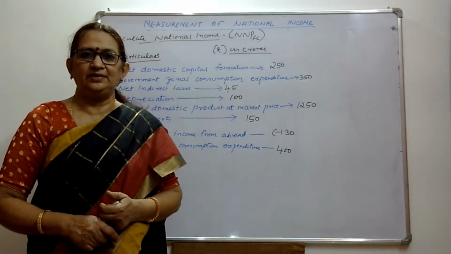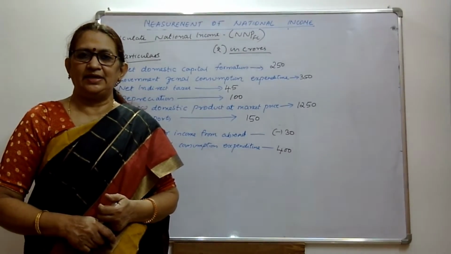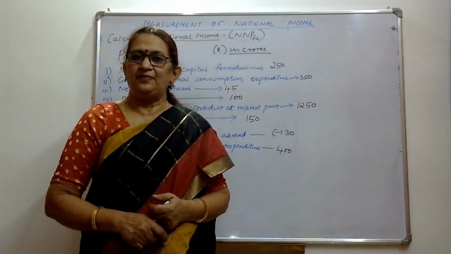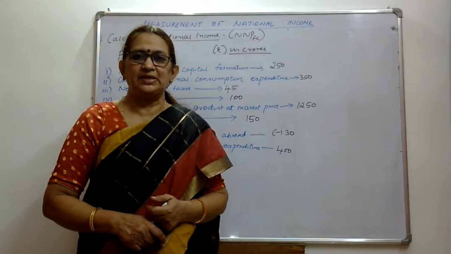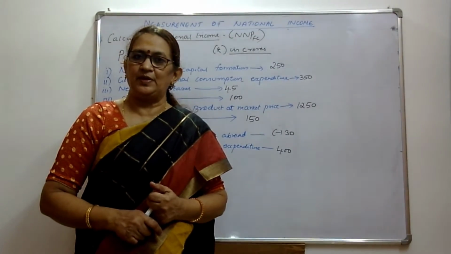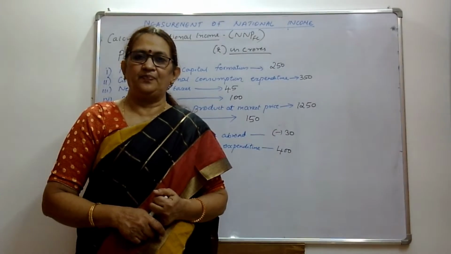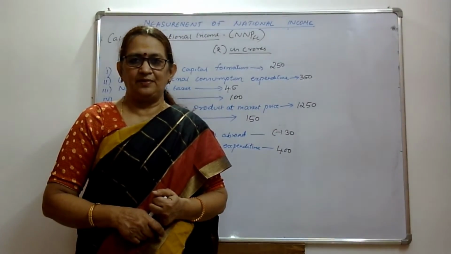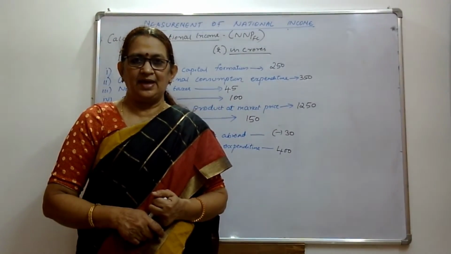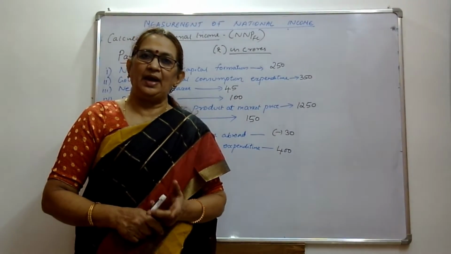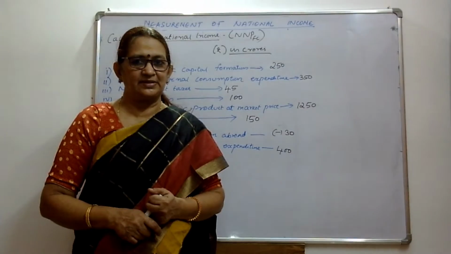The next question, again national income from expenditure method. We will first of all check what all particulars are given, whether they are applicable to expenditure method. In the previous question, corporate tax was given. Actually, in expenditure method, there is no need to add or deduct corporate tax.